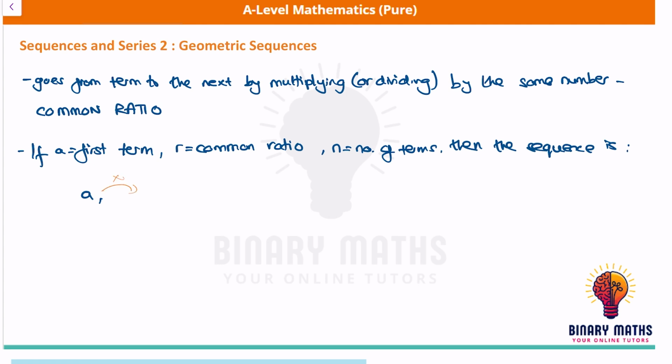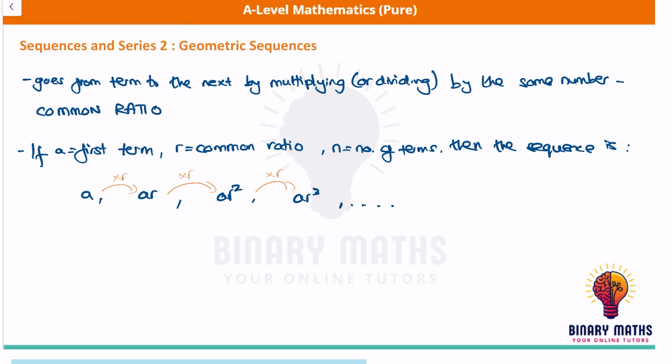We times by R, the common ratio, to get AR. We times by R again to get AR squared. Times by R again to get AR cubed. So this is U1. Let's see what the nth term would be.